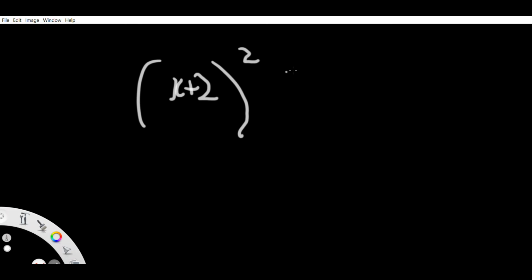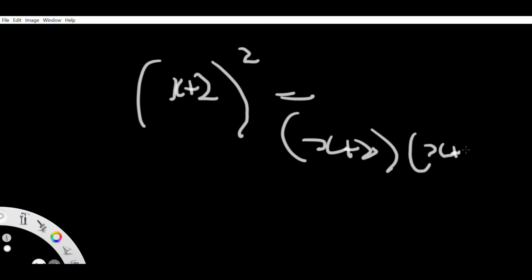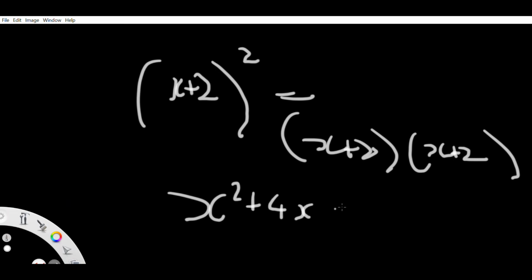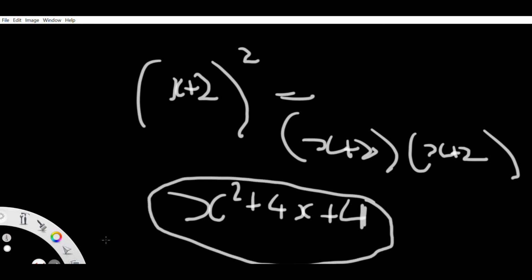Just think of it as x plus 2 into x plus 2, because that's what it is. So instead of getting x squared plus 4, you would get x squared plus x into 2 plus x into 2, which is 4x, plus 2 into 2, which is 4. This is a perfect square trinomial, since it's x plus 2 multiplied by itself.